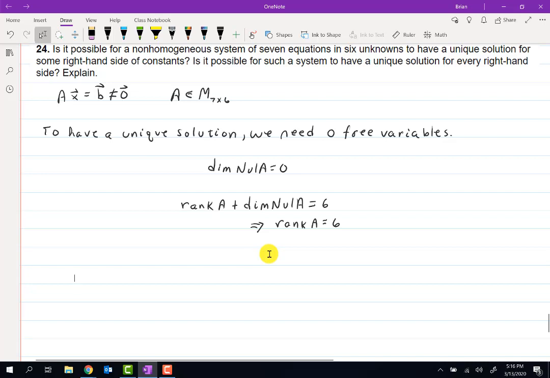Now think about it. If rank A is equal to 6, then we know that the column space of A is isomorphic to R^6. But the column space of A actually lives inside of R^7.